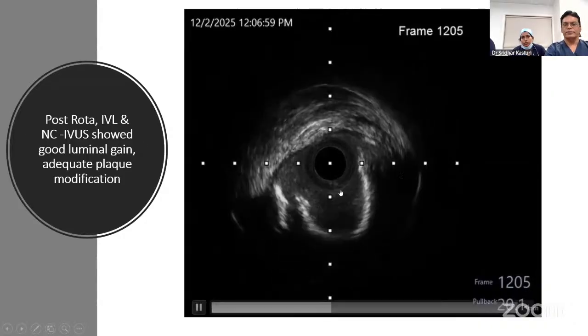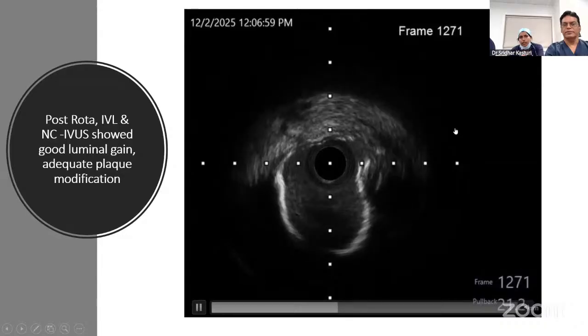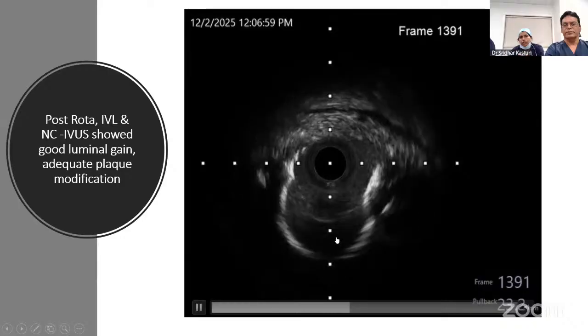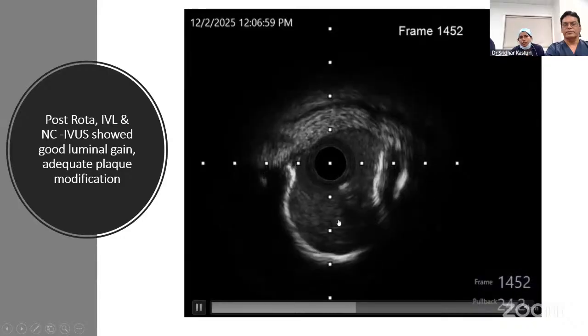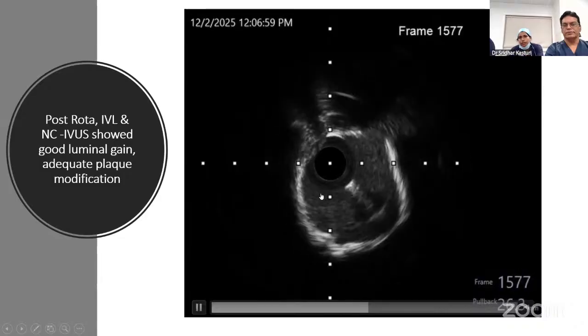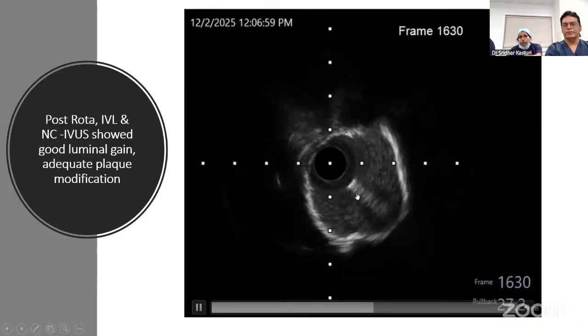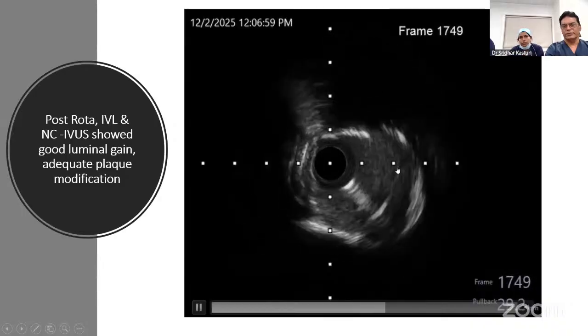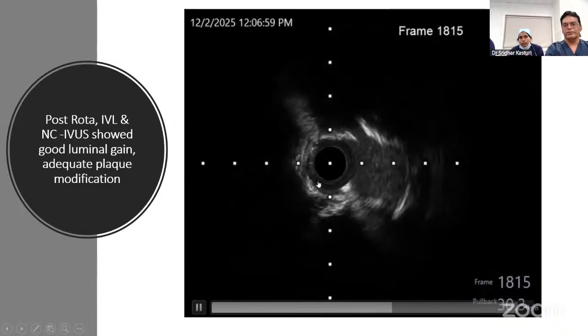As we go proximally, again there is significant calcium fracture at around 6 to 7 o'clock, and 180 to 270 degree calcium is there, but luminal gain is very good. We can even see calcium fractures at 1 o'clock and 9 o'clock, and there is good luminal gain.